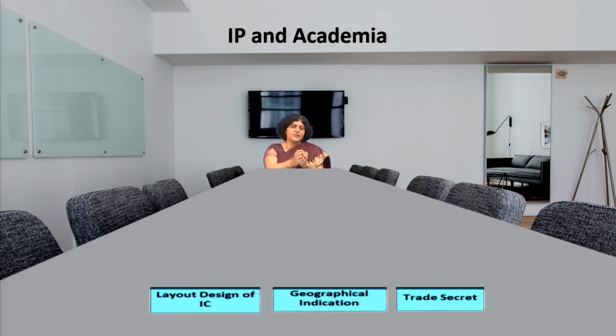That arrangement is at a nano level, not even micro level, a nano-level arrangement on a particular wafer. That whole mask work is unique, and protection for it is provided through the Semiconductor Integrated Circuit Layout Design Act. So, that is another type of IP.